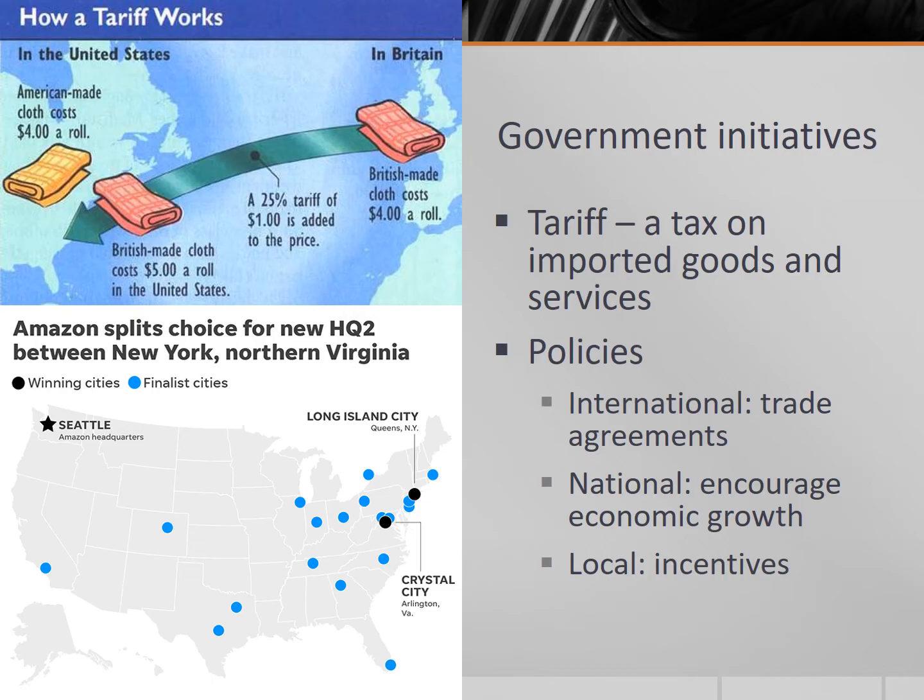But some governments seek to protect domestic industries from more efficient competitors in other countries. One way they may do that is through tariffs. A tariff is a tax on imported goods and services.